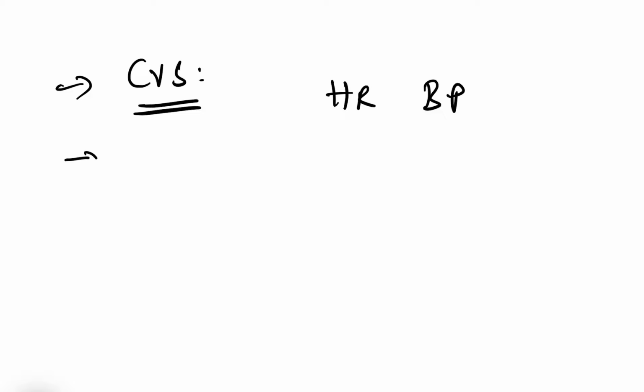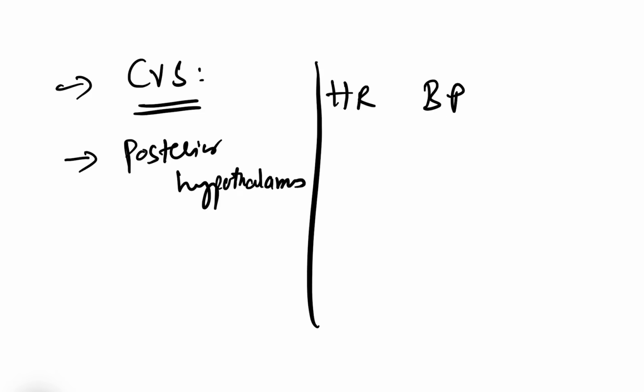For example, in cardiovascular system regulation, the hypothalamus will regulate the heart rate, blood pressure, and cutaneous vasodilatation or vasoconstriction. Whenever there is stimulation of the posterior hypothalamus, it controls the sympathetic activity.